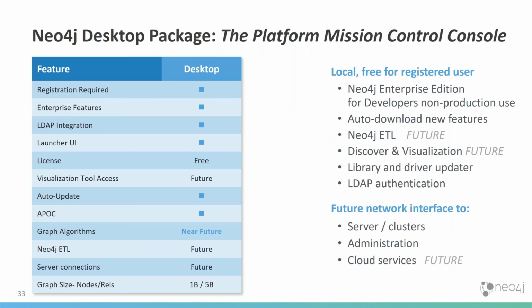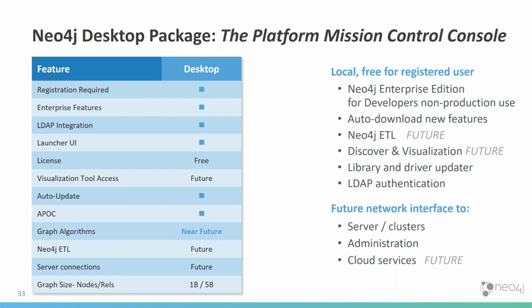It's almost like a launcher for existing technology. It's an installation tool for retrieving the latest version of elements that you might want to be drawing down from Neo4j or from any of our partners or application environment builders.